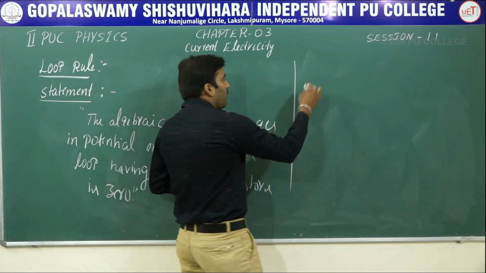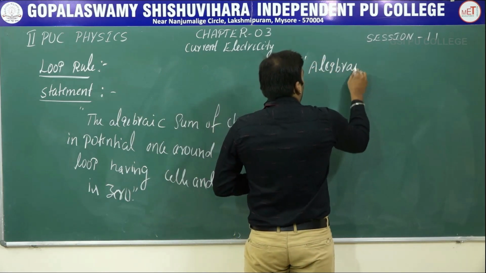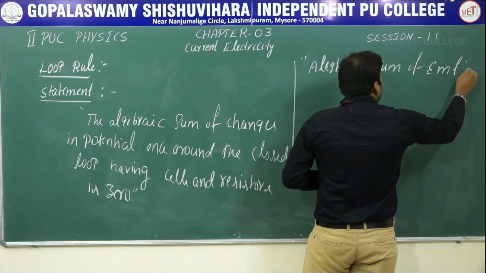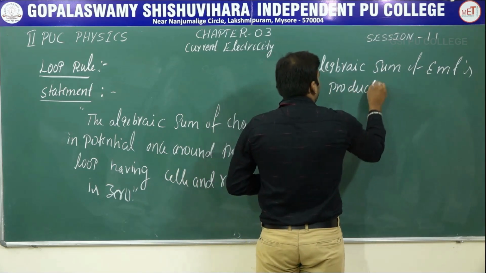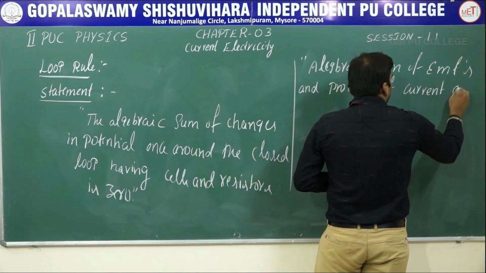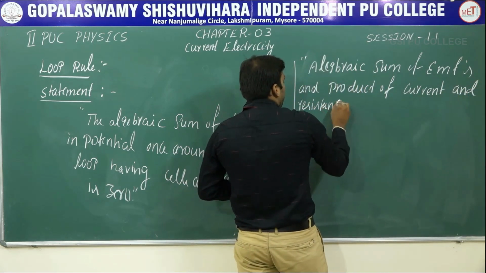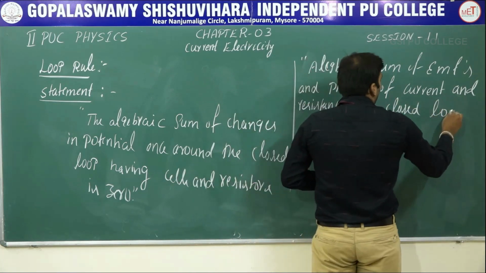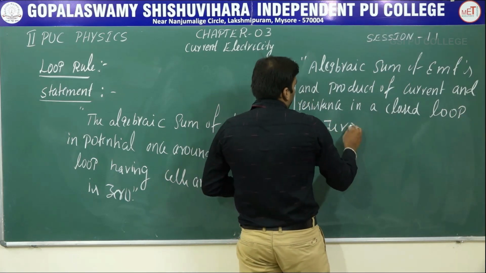We can write one more statement for loop rule: the algebraic sum of EMFs and product of current and resistance in a closed loop is 0.